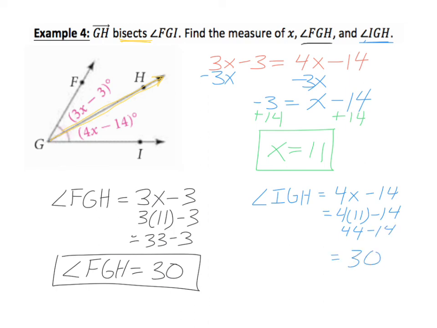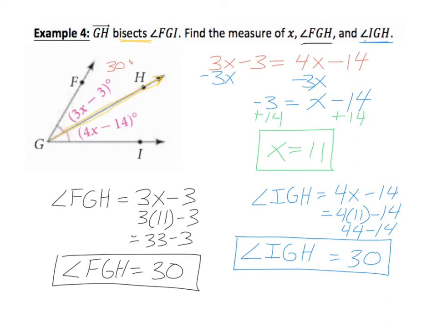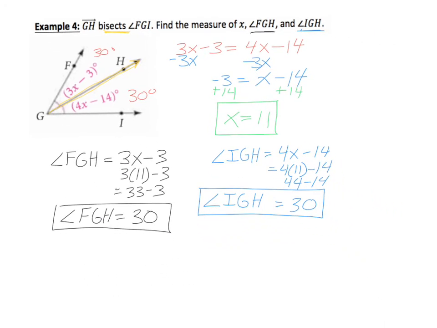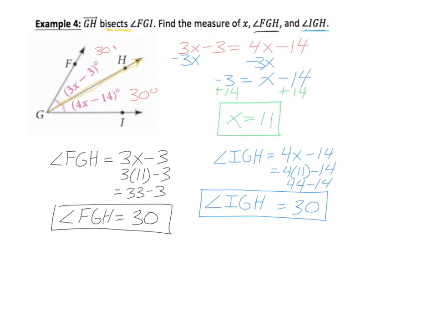Now, it is good that they're both equal to 30 degrees, because remember, angle bisectors should take the angle and divide it into two congruent angles. So it makes sense that both of the angles are 30 degrees. Now, I know it doesn't ask us to do this in this question, but let's suppose that it also asked us to find the measure of angle FGI.